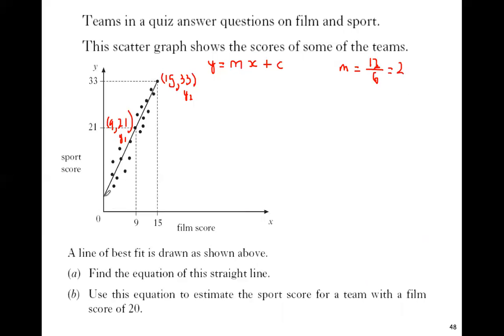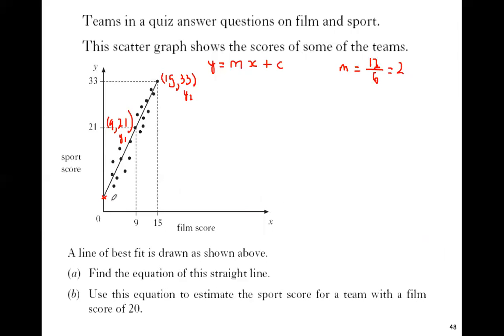If they had given me what that point was, I could have found C. But look what they've given me. If I do 2 times 9, what do I get? 18. And from 18, you went up by 3 to get 21.